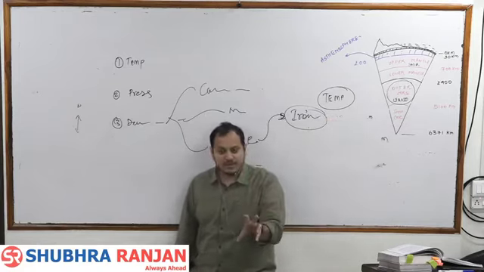Now, even in your 8th and 9th standard, you must have studied Fleming's left hand rule. If this is the direction of electric charge, the direction of the thumb is the direction of the magnetic field. And hence, Earth's magnetic field is this way, north and south magnetic field. So, we have the north pole and we have the south pole.